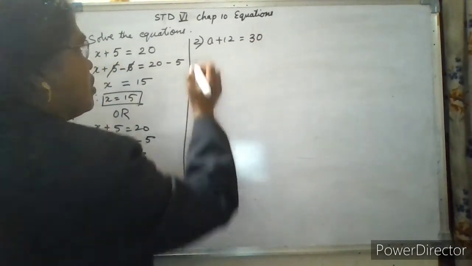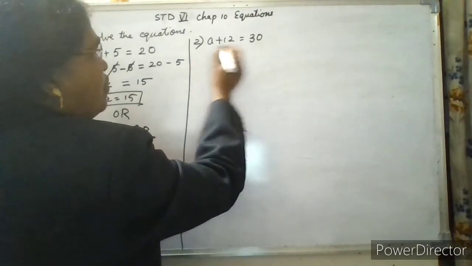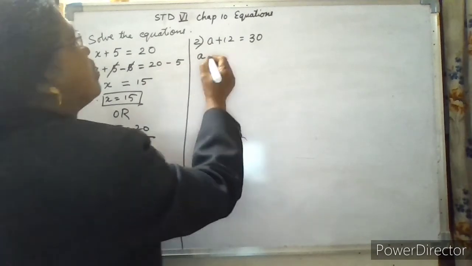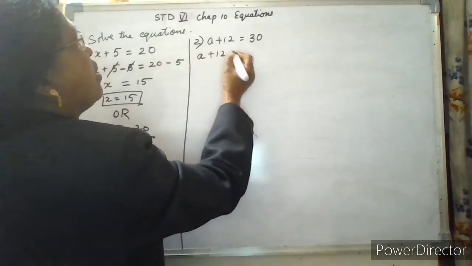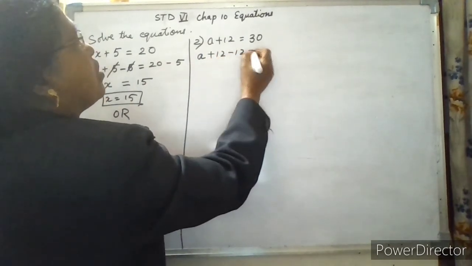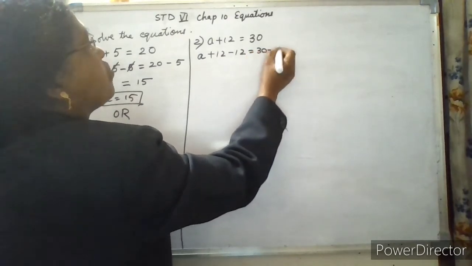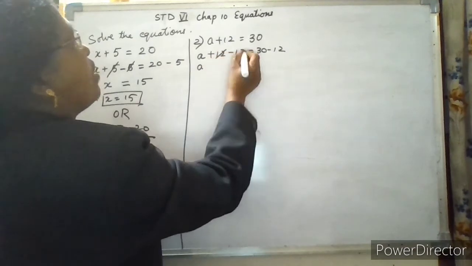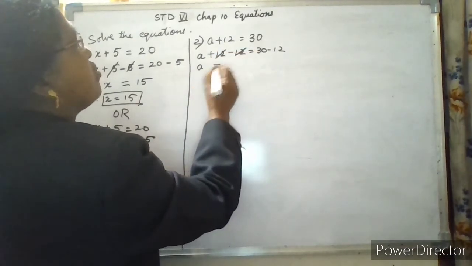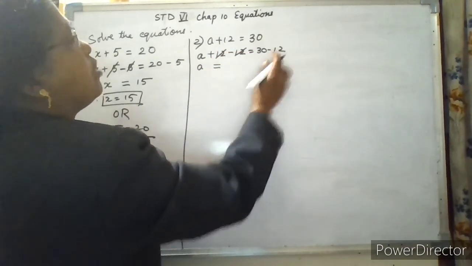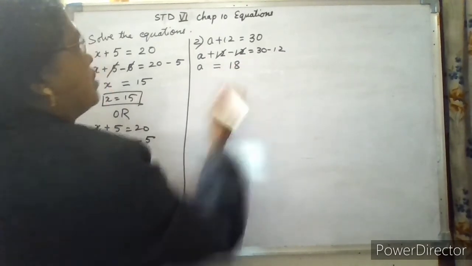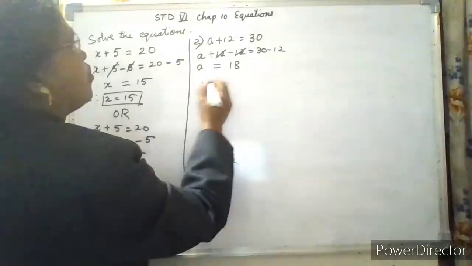So with the first method, a plus 12, so it will be minus 12. That is equal to 30 minus 12. So a plus 12 minus 12 cancels. a is equal to 30 minus 12, which will give you 18. Therefore, a is equal to 18.